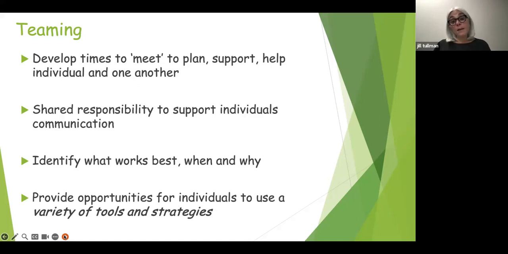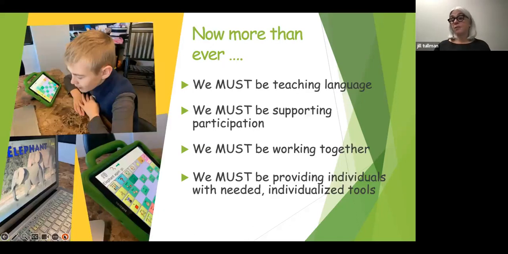We want to identify what works best, when, and why, and provide individuals with opportunities to use lots of different tools. Now more than ever, we really must be teaching language. We must be supporting participation. We must be working together and providing individuals with needed individualized tools that are optimal for them.